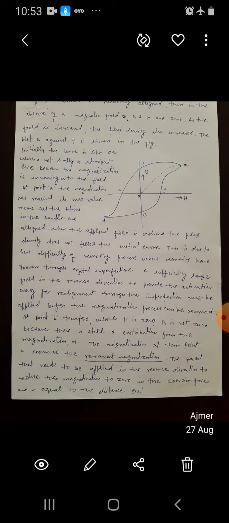When they are randomly aligned, in the absence of the magnetic field, the magnetic flux B is 0. Why? Because there is no magnetic field, and the applied H is also 0. Both are 0. This is shown in the figure in your notes. B and H are 0, which is represented by a point O in the diagram.